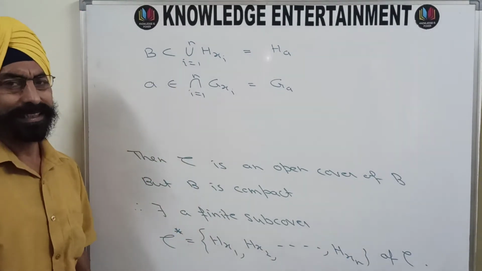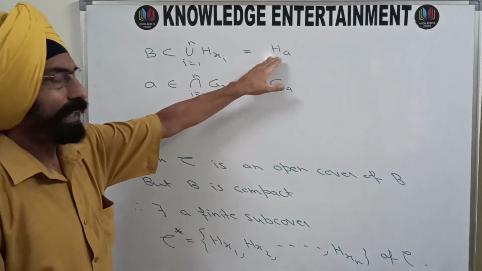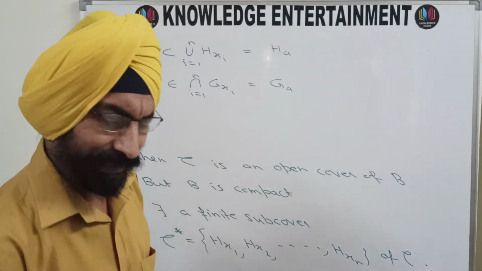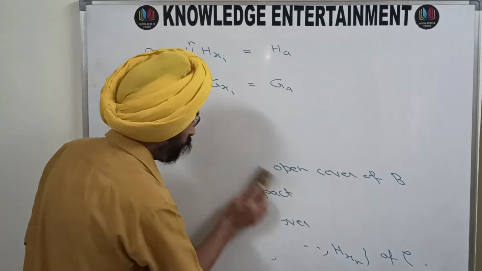So a belongs to GA. B is a subset of HA and a belongs to GA. So this is there. And now what are we to do?